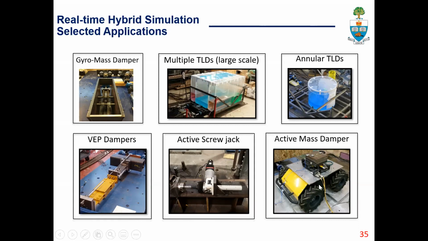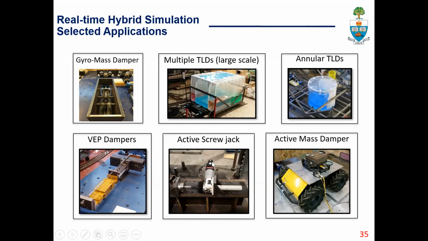And these last two examples are active devices that we have considered. The first one is active screw jack device. This has the same idea as the gyro mass damper. It converts this time a rotational input. If you apply a rotation to the handle, the screw jack inside, there is a worm gear, is going to push or pull on the structure.